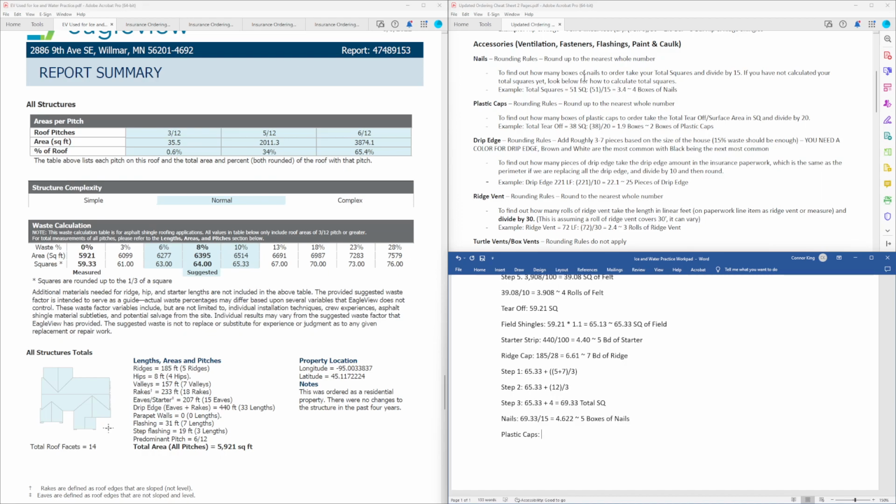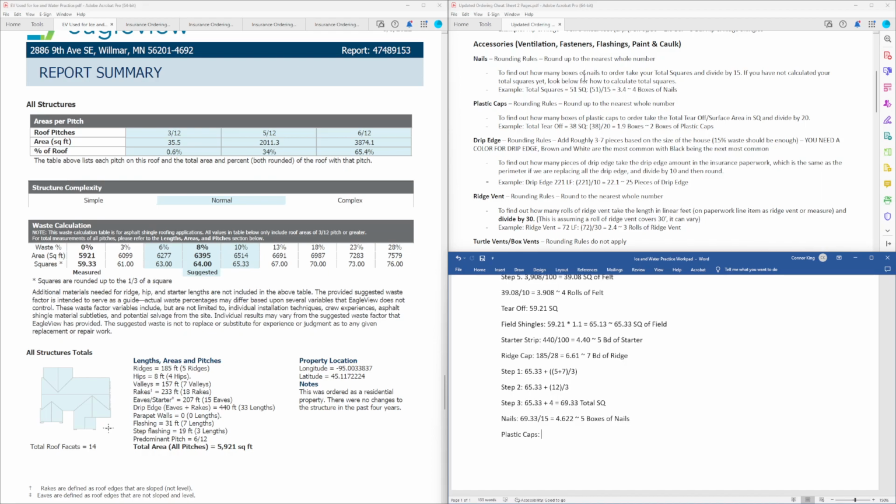The reasoning for that is the plastic caps are used where the underlayment is installed, so we only need to cover the entire roof. Whereas the nails are going for each type of shingle, and so there's going to be ridge caps, starter, and field shingles. In some areas there's going to be 2 layers of shingles, and even 3 layers in some areas.